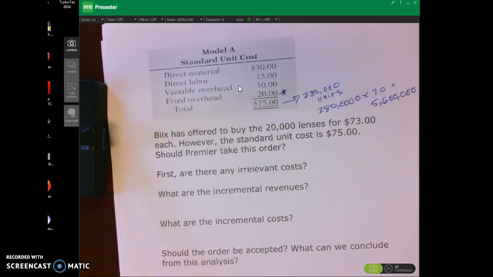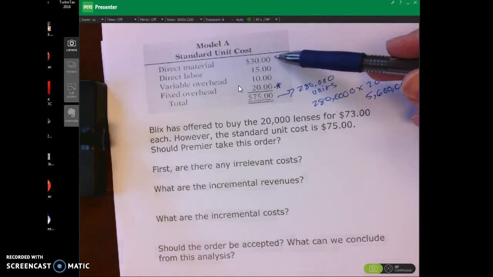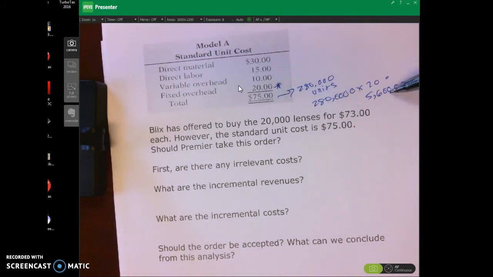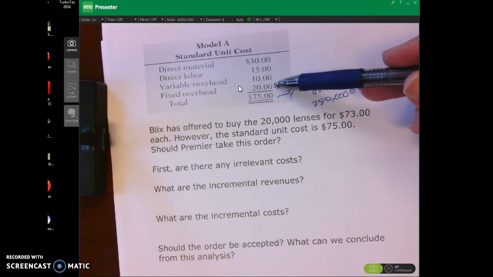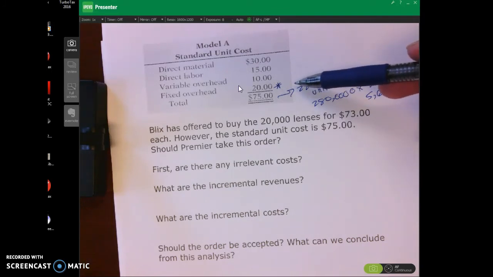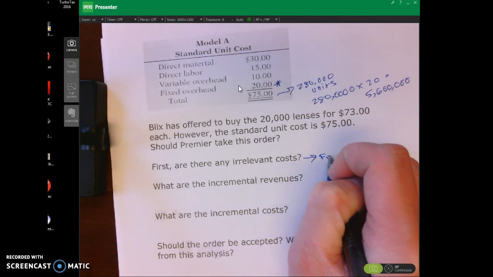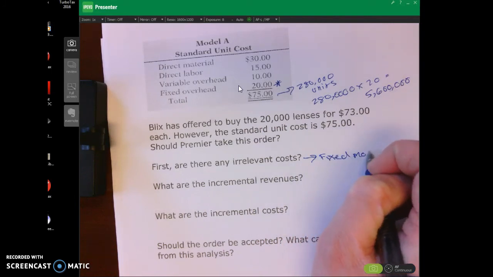Fixed overhead would be like rent on the factory. Whether or not we take this special order, we're still going to have to pay rent on the factory of $5.6 million. So this does not matter, because we have to pay it regardless of whether we take the order for 20,000 lenses or not. So when we ask, are there any irrelevant costs? Yes, fixed manufacturing overhead.